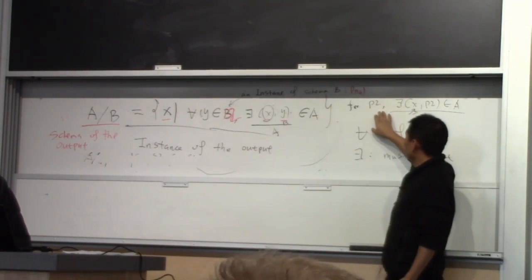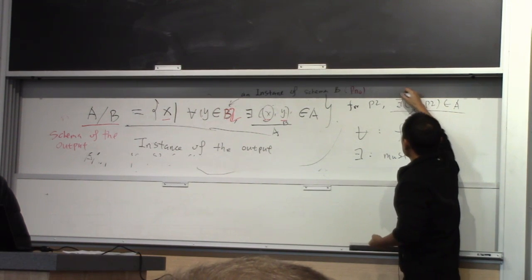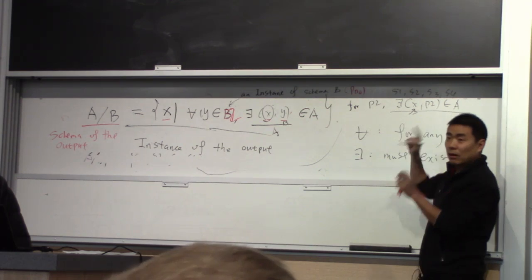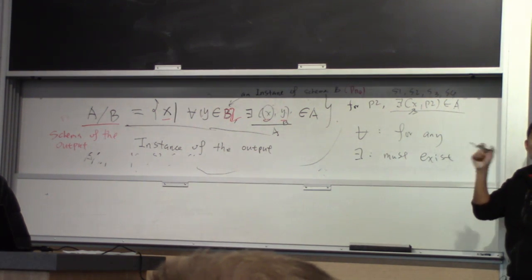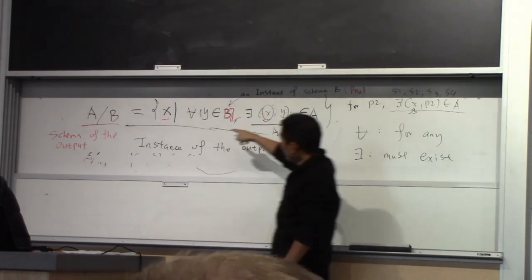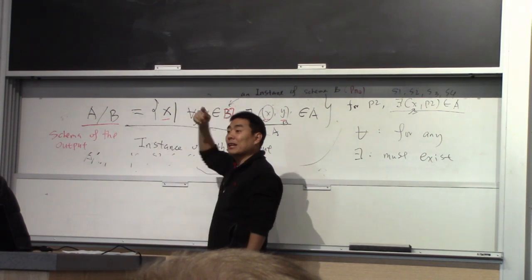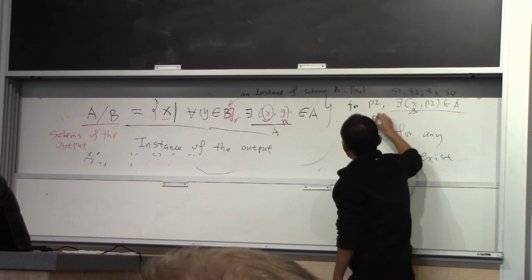For P2, X can be what? For P2, X can still be all four of them, because these all exist. The pair always exists in A. S1, P2 exists in A, and so on and so forth. But the condition is for all Y belonging to B2. You cannot just check P2. You have to check for P4.